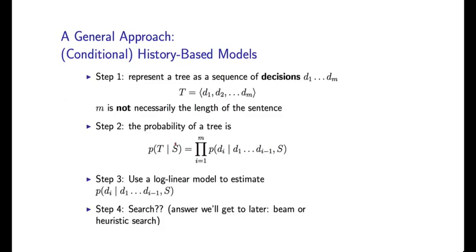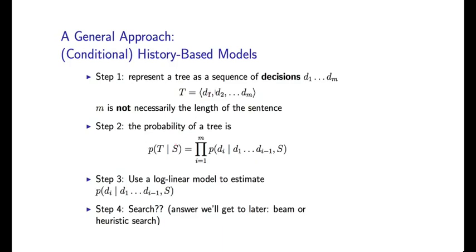So here's a very high-level outline of the approach we'll use, and throughout the rest of this segment of the class we'll instantiate the various choices shown in this outline. There are essentially four steps in these conditional history-based models.